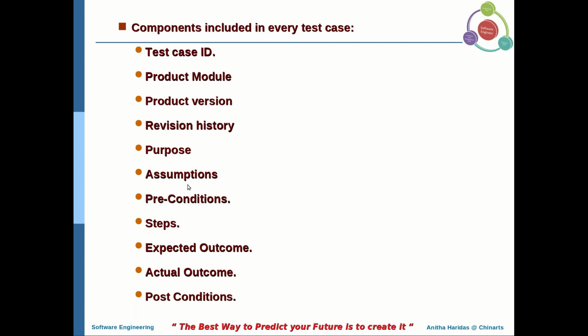What are the different assumptions, limitations, constraints in the working environment, testing environment, all those things can be mentioned here. The preconditions and the post conditions can be mentioned, and the different steps involved in the testing process, the expected and actual outcome. So these are the different components you will have in the test case.